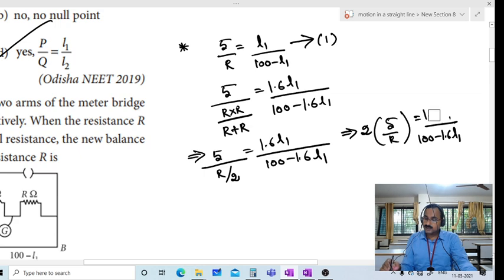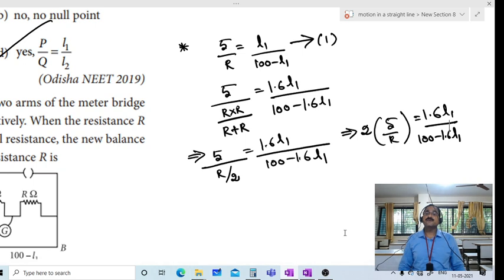So this is the equation we got. But already from equation number 1, what do we have for 5 by R? That calculation part is there. If you want to calculate in that way, we can, because the 5 by R value already is there with you. 5 by R is equal to L1 divided by 100 minus L1.